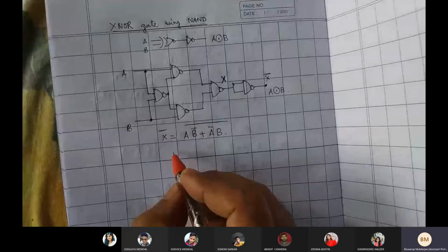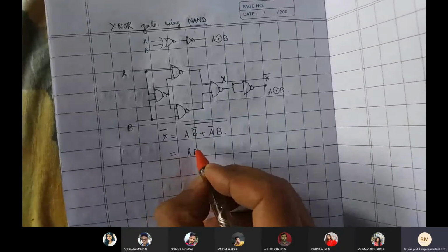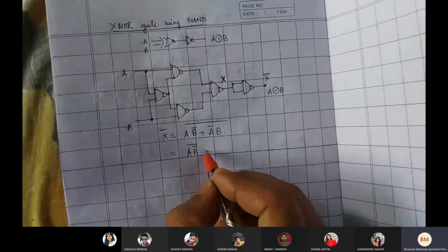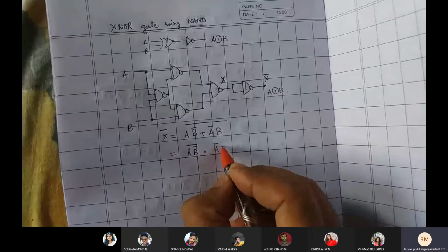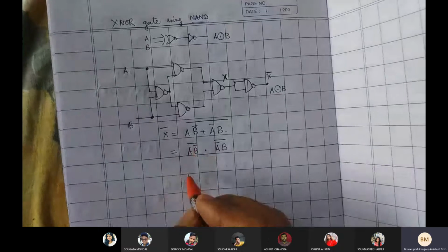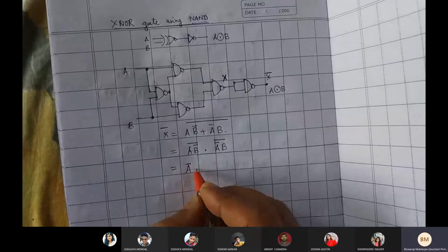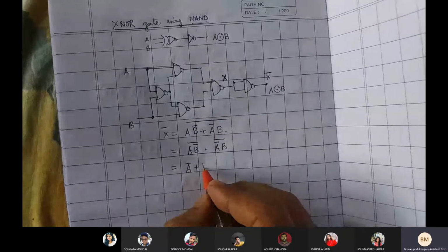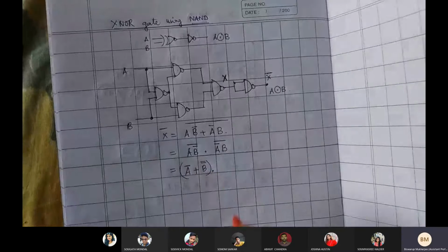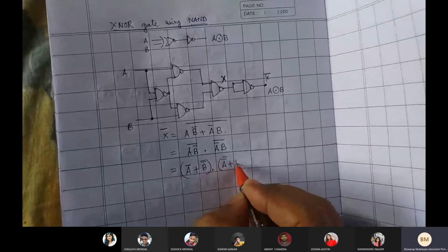and that is equal to, you can write it like this, A B complement whole complement dot A bar B, like this. Now again you can break it: A complement plus B double complement dot A double complement plus B complement.